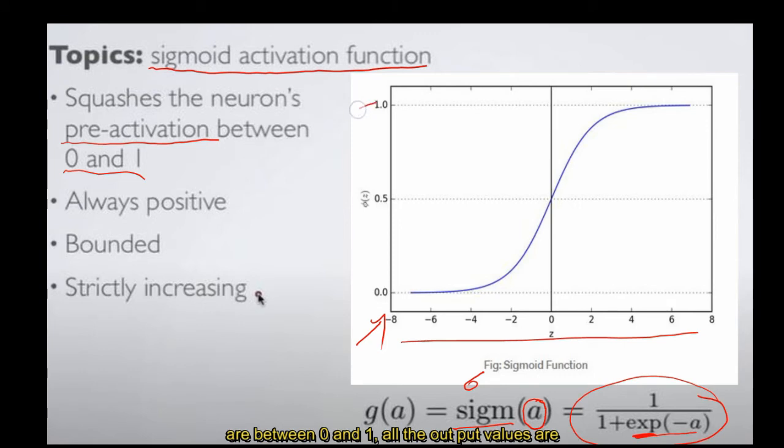The bigger the input activation, the more it will saturate towards 1, and the smaller the activation, towards minus infinity, the more it will saturate towards 0.